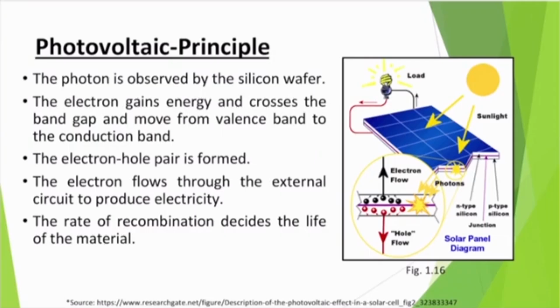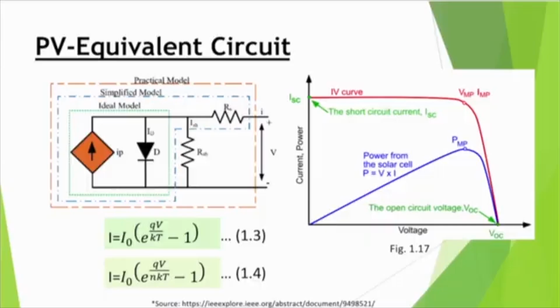So let us now get into the electrical circuit diagram of a photovoltaic, or PV equivalent circuit. The left-hand side very clearly shows how a photovoltaic system is represented in the form of electrical networks, and the right-hand side graph talks about the IV characteristic of the solar cells or the photovoltaic arrangements.